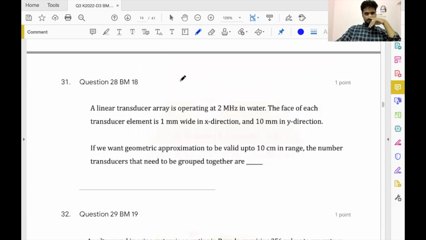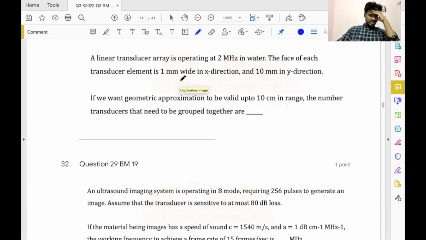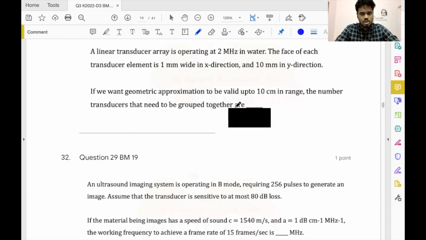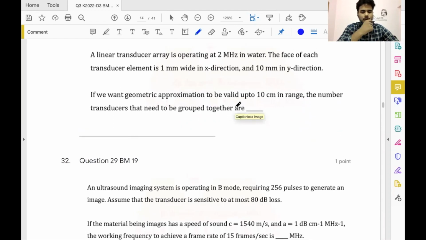That is fine. A linear transducer array is operating at 2 megahertz, and the geometric approximation is to be valid up to 10 centimeter range. Okay, the number of transducers to be determined. I already said this, the smaller dimension is what we are concerned about. So our d square by lambda should be 10 centimeters. Based on that, what is our d?